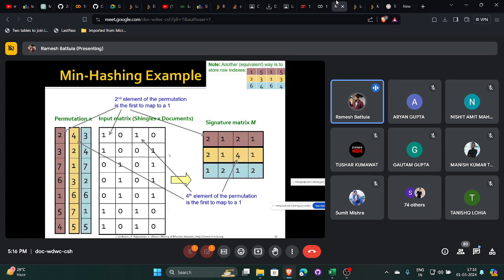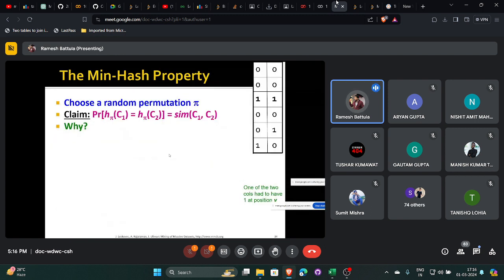This is the way you may go ahead. Another equivalent way is to store the row index values. I have explained this: the probability that the first column equals the second column for random permutations is to be treated as the similarity of C1 and C2.